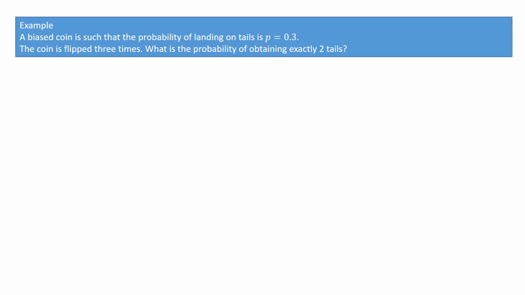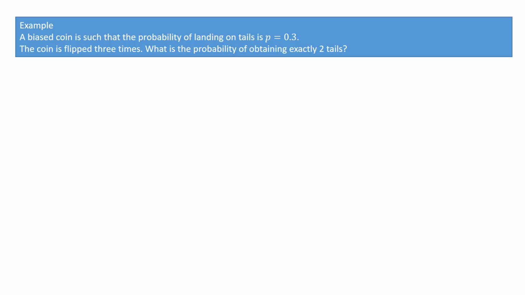Okay, now we're going to do this in 2 ways. The first way will be to use a tree diagram, and we'll find the answer to this problem. Then we'll use the binomial distribution to highlight how it allows us to obtain the same results as we would with a tree diagram, but without needing to draw it.